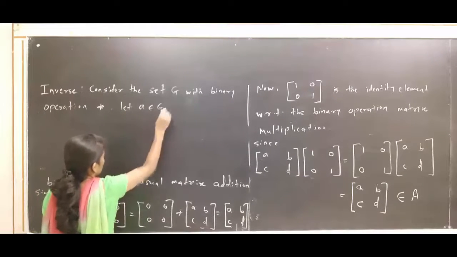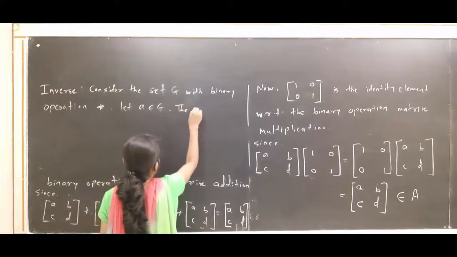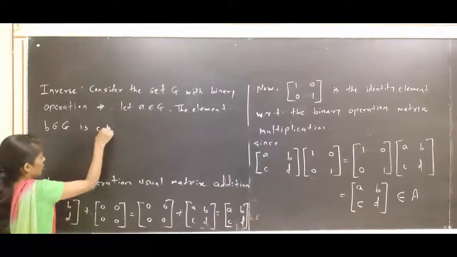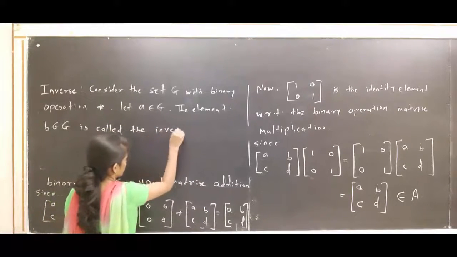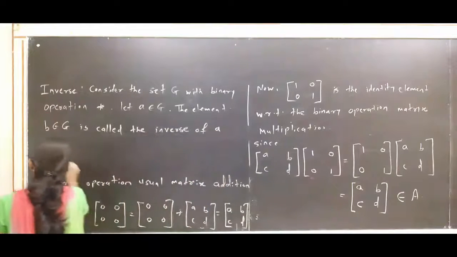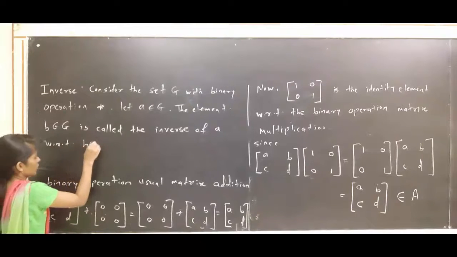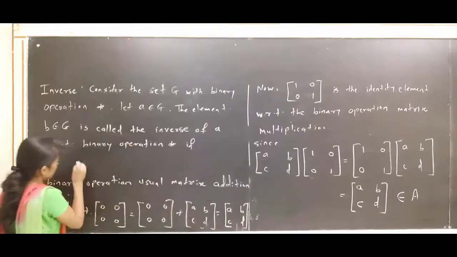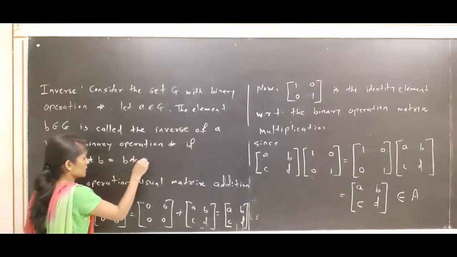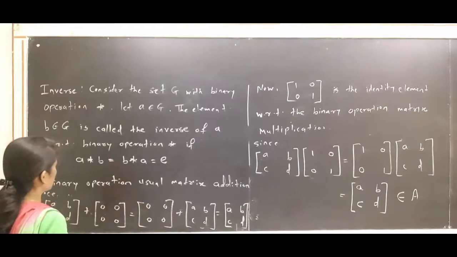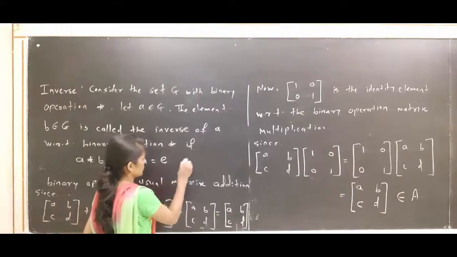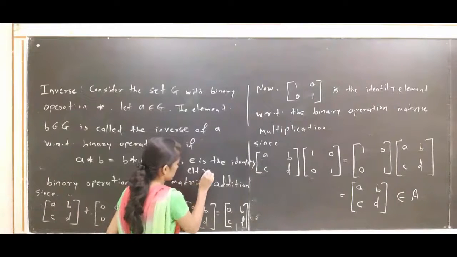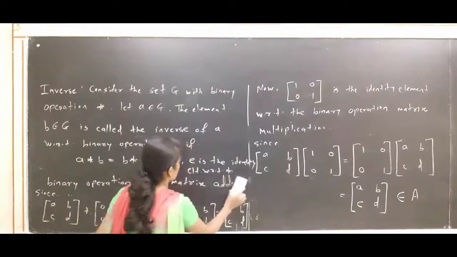Let A belongs to set G. The element B belongs to G is called the inverse of A with respect to binary operation star if A star B is equals to B star A is equals to E. Here E is the identity element with respect to binary operation star.